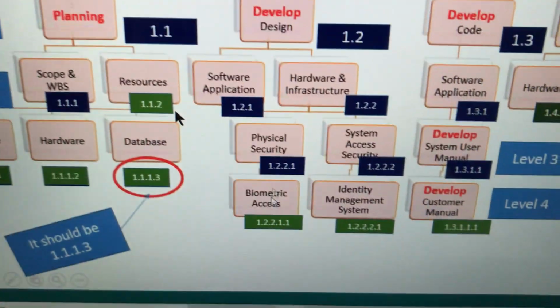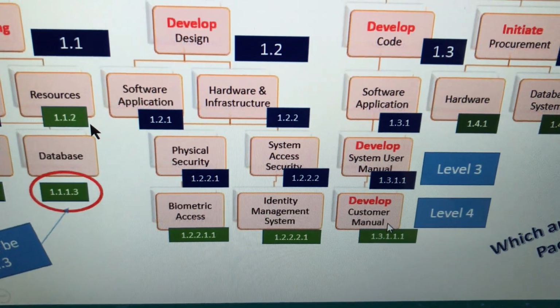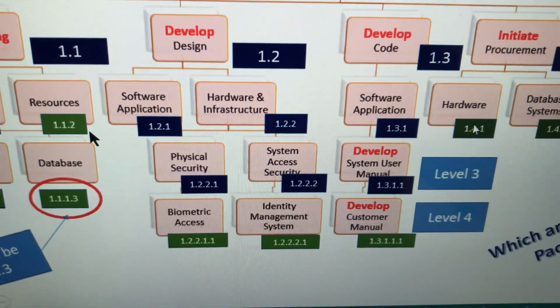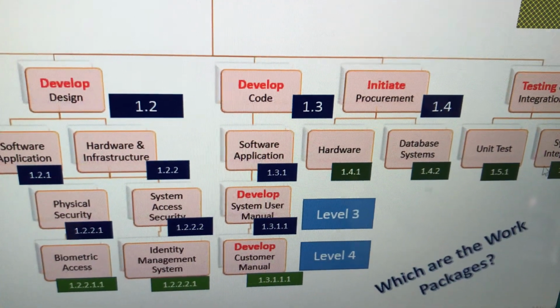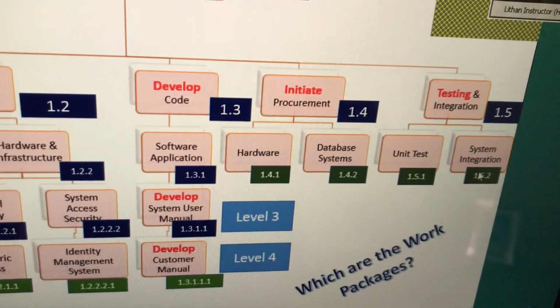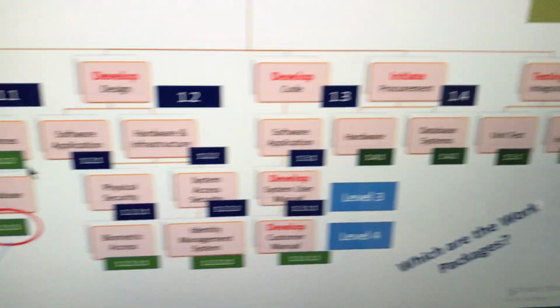Likewise, the next work packages are biometric access, identity management system, develop customer manual, then hardware, database systems 1.4.2, unit test 1.5.1, unit test 1.5.2. All these green items are work packages.